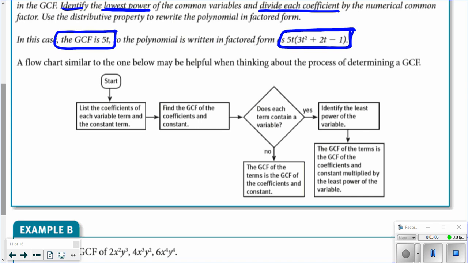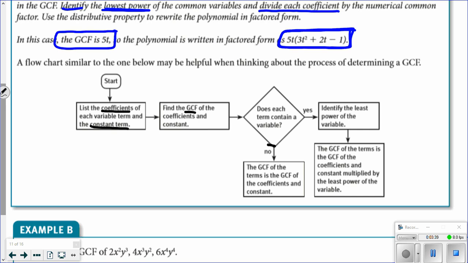Okay, and we need to pay attention to the constant term, the number by itself. So when we look at all of our numbers, we need to find the greatest common factor of those. Okay, what number is a factor of all of those, or what they're divisible by without a remainder. After we find what that number is, we need to see if each term contains the same variable.